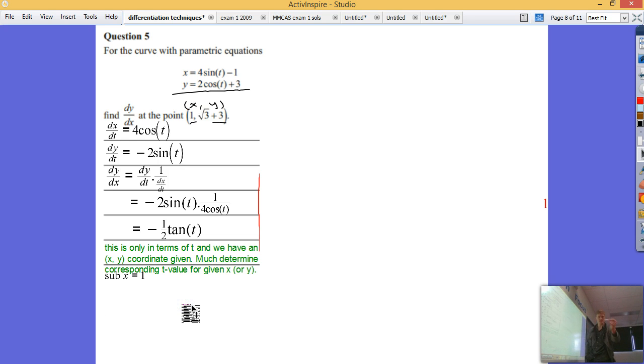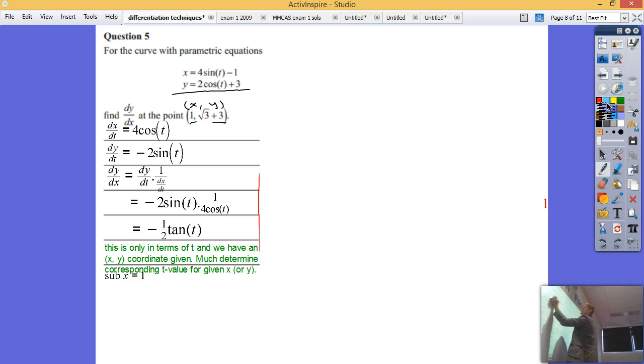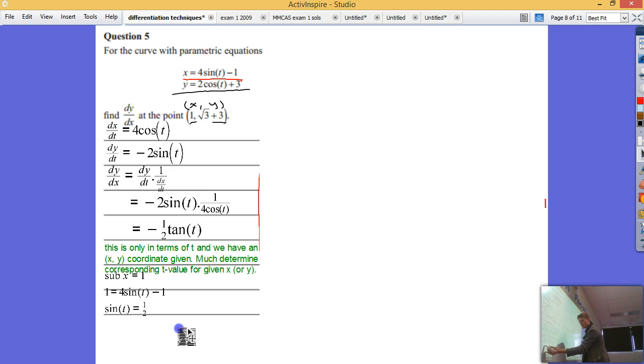I'm going to substitute x equals 1 into my expression for x at the very top, this one, and solve for t. I'll have sine of t is a half, and by solving that circular function equation, I will get pi on 6.